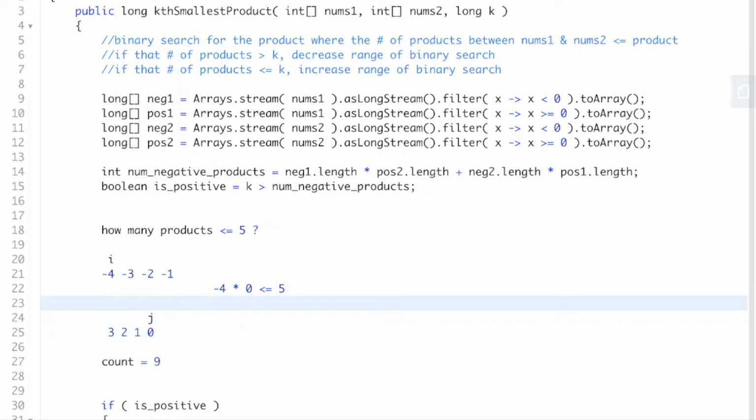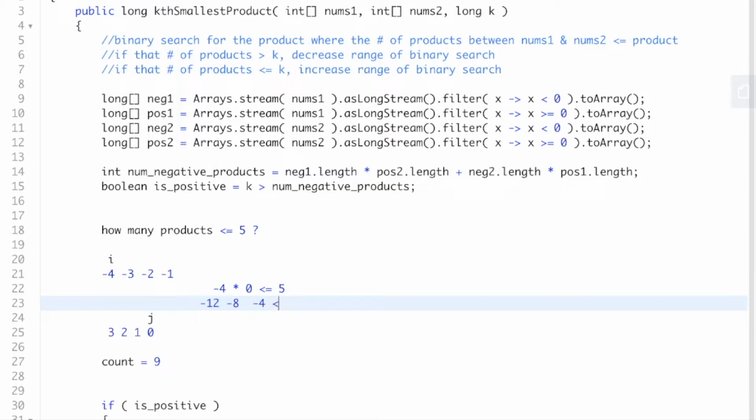Let's say this is going to be -4, right? So -4 times 1 is -4. And then the next, -4 times 2 is -8. And then -4 times 3 is -12. And notice these numbers just keep getting smaller and smaller, because -4 and -8, these are just decreasing.